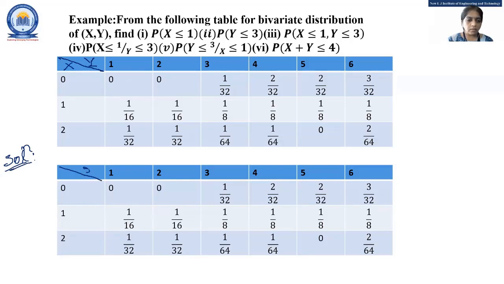First, I start with the marginal distribution. As per the formula, this is the symbol of the marginal distribution, that is Px, and here Py.